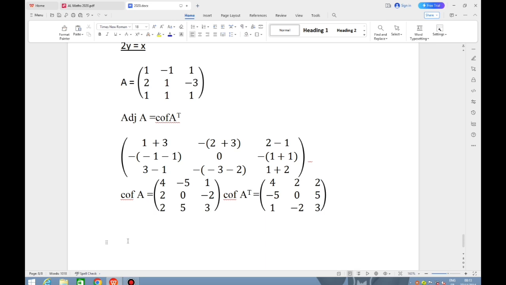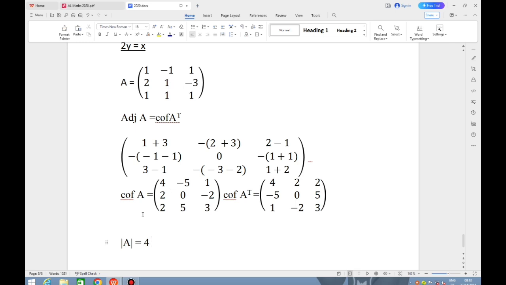The determinant of A is going to be equal to, as I said earlier, using the positive, negative and positive signs, we start with this entry, which is going to be 1 minus minus 3. 1 minus minus 3 is going to be 4.